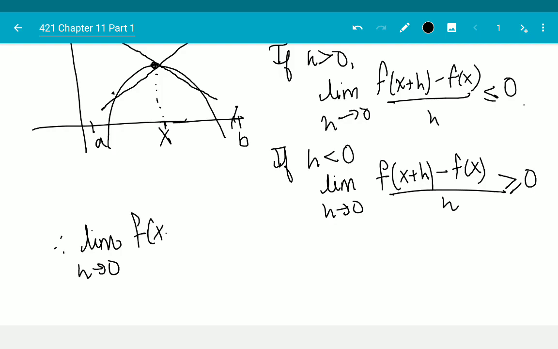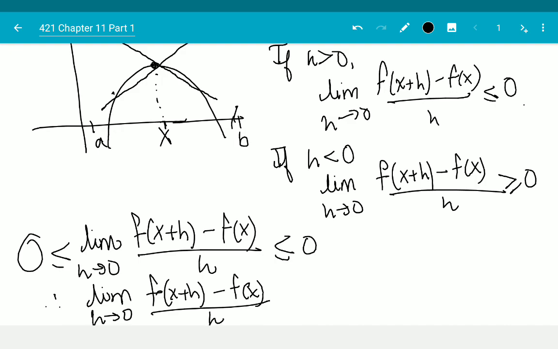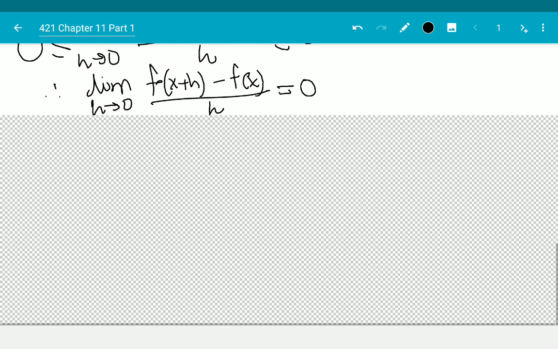So the limit of f of x plus h minus f of x over h is both smaller than or equal to 0 and greater than or equal to 0. Therefore, the limit as h goes to 0 of f of x plus h minus f of x over h is exactly equal to 0.